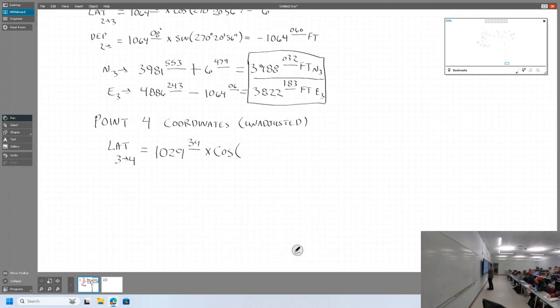The azimuth that we calculated is 19 degrees, 7 minutes, 58 seconds. That gives us 972.481.